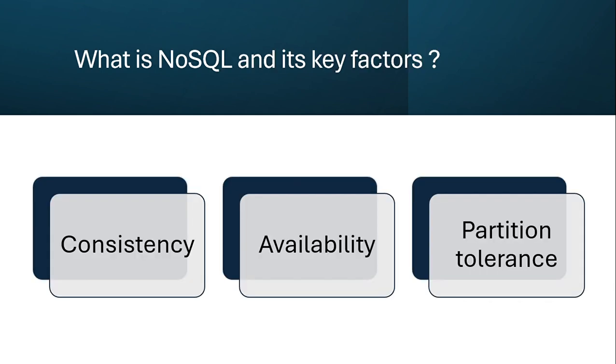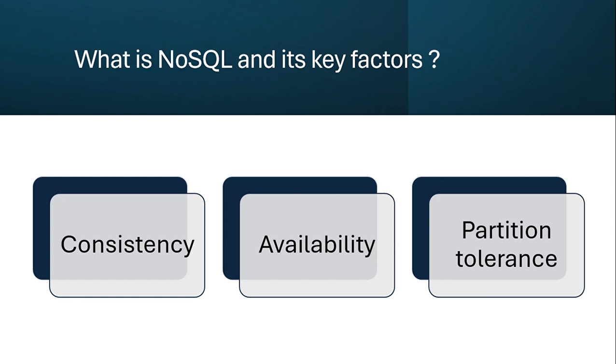So what is NoSQL and its key factors? NoSQL stands for not only SQL or non-relational and refers to a type of database that stores data differently from traditional relational databases. The key factors of NoSQL stores are consistency, availability and partition tolerance.